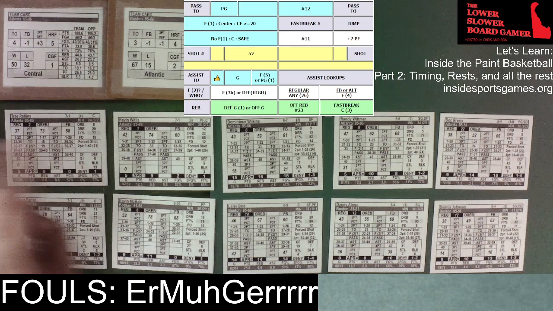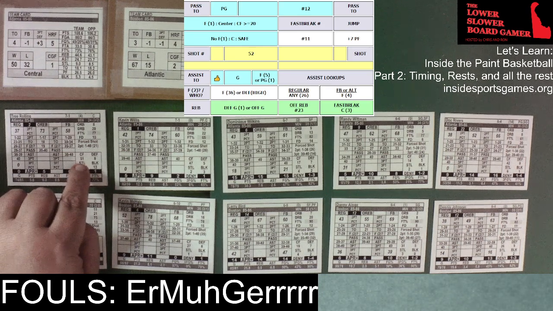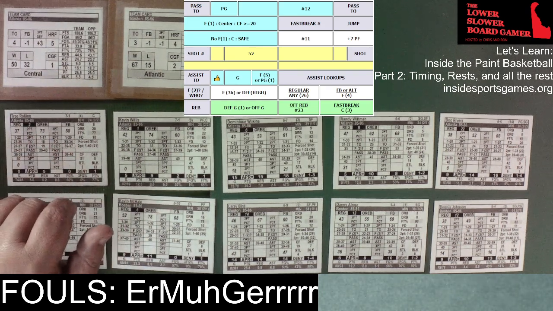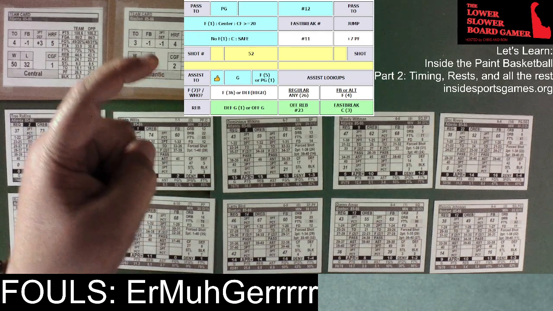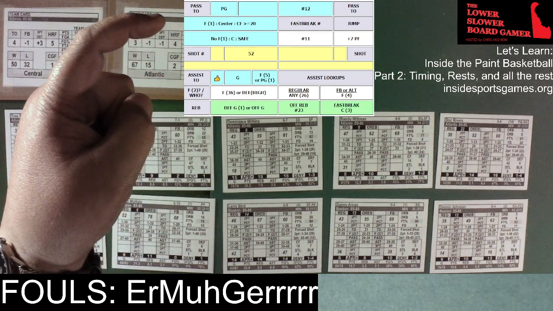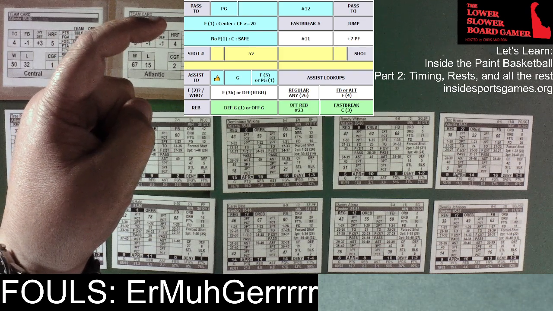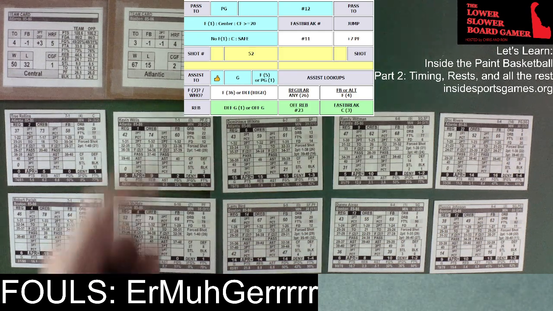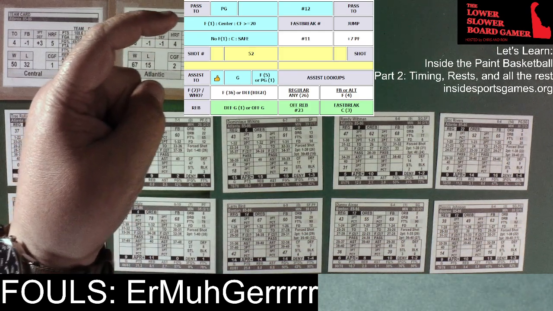In this instance, Tree Rollins has a 51, so there would be a foul. This is the easiest one. It lists a position and a CF, commit factor rating, the committing-a-foul rating. That's the easiest one to do, when it shows up here in the stoppage.